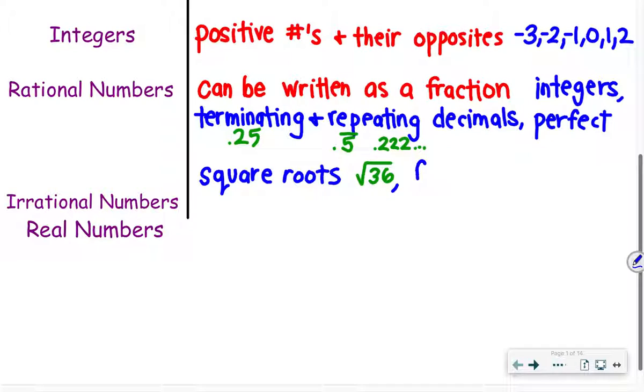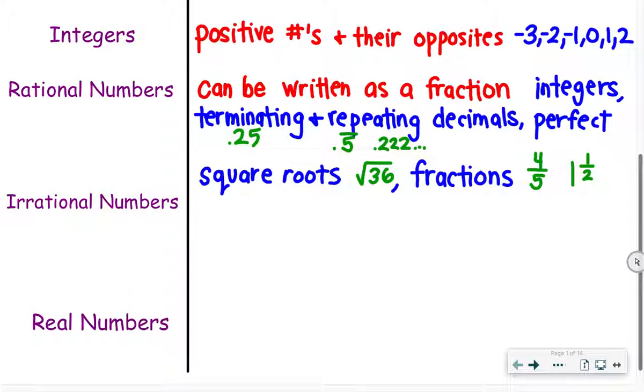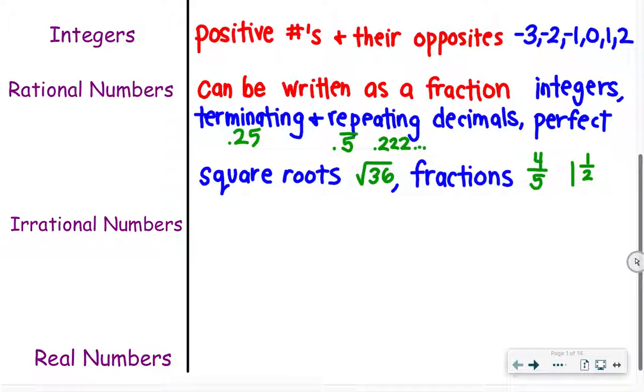I'll still write that even though we already have it up there earlier, can be written as a fraction. But I'll still put fractions in here. So anything like 4 over 5 or 1 1/2, so it could be mixed, any kind of fraction. Rational numbers definitely has the most numbers that would fall into that category. There are a lot of different things that can fall under the rational category.